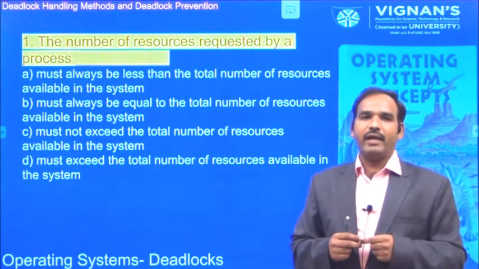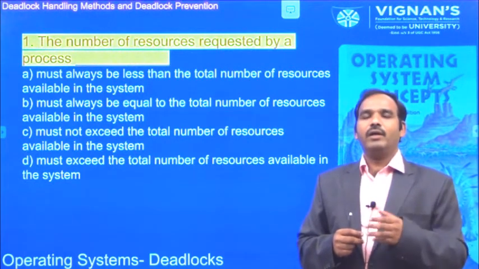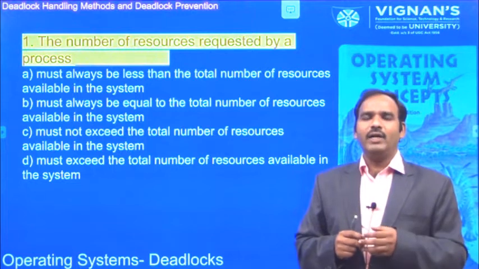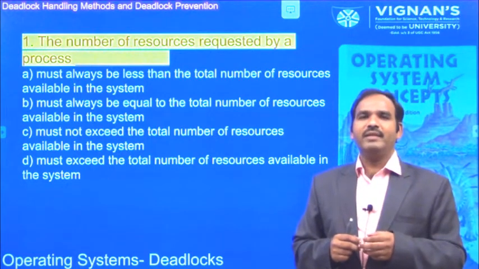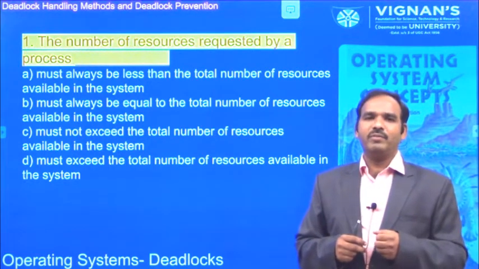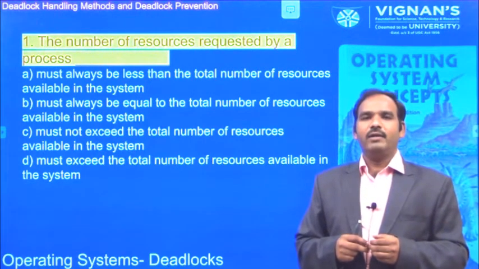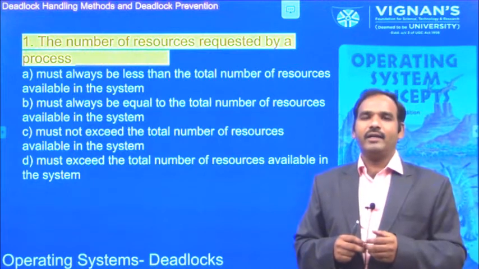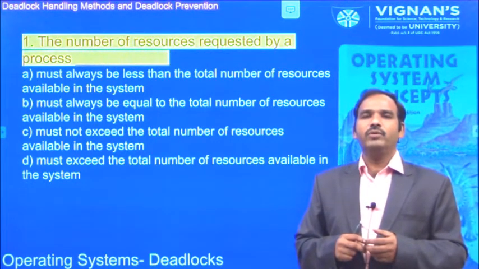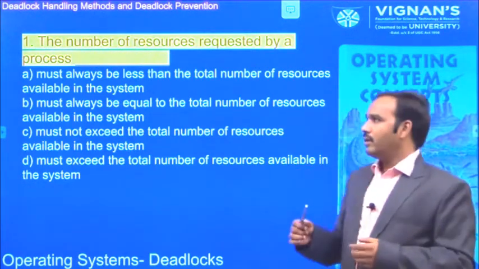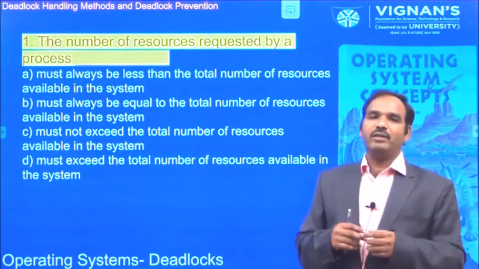The second handling method is that deadlock is allowed into the system, then detect it and recover from the deadlock. And the third one is to ignore the deadlock. Deadlock is not a big issue, or it is not a problem in the operating system. These are the three handling methods.